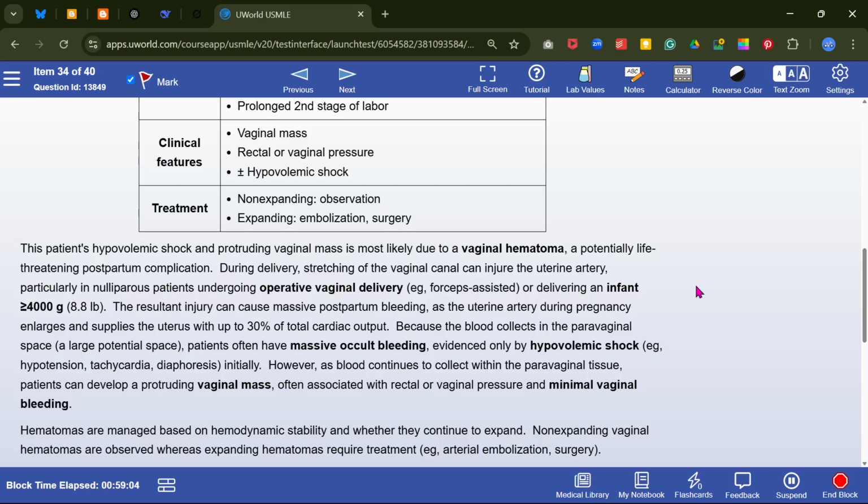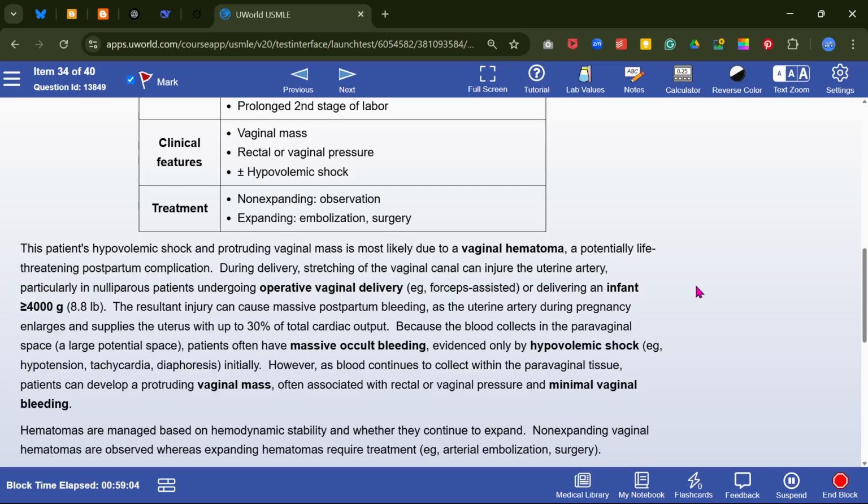During delivery, stretching of the vaginal canal can injure the uterine artery, particularly in a nulliparous patient undergoing operative vaginal delivery, forceps-assisted, or delivering an infant more than 4 kg. The resultant injury can cause massive postpartum bleeding, as the uterine artery during pregnancy enlarges and supplies the uterus with up to 30% of the total cardiac output.